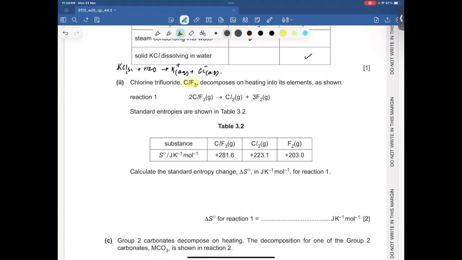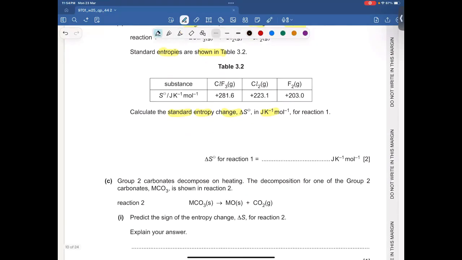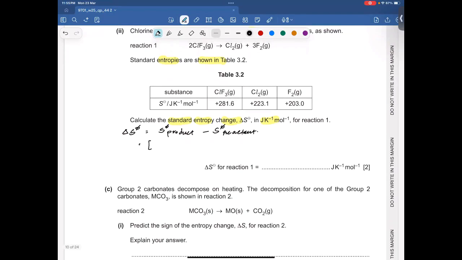Chlorine trifluoride decomposes on heating into its elements as shown. Standard entropy values are given. Calculate the standard entropy change. So standard entropy change is equal to standard entropy of products minus standard entropy of reactants. Now, in the equation, we have chlorine, and chlorine has an entropy value of 223.1, plus we have fluorine molecule.